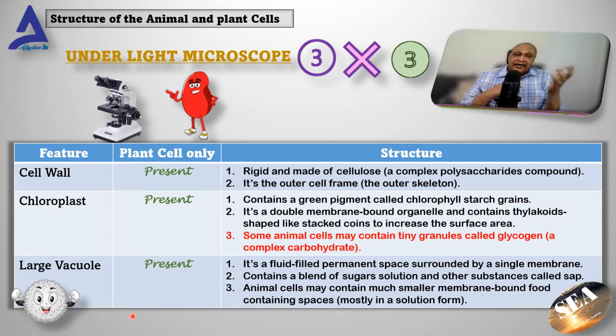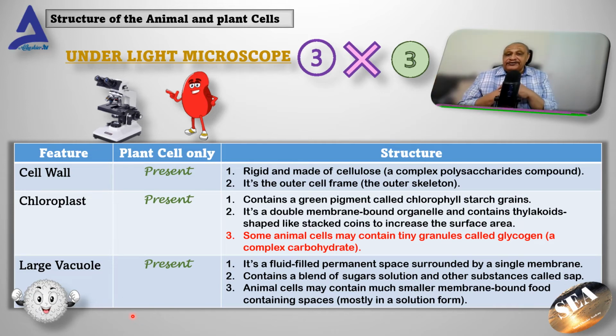The chloroplast is present in the plant cell, but not the animal cell. It contains a green pigment called chlorophyll, with starch grains. Chlorophyll is a term made of two words, chloro and phyll.